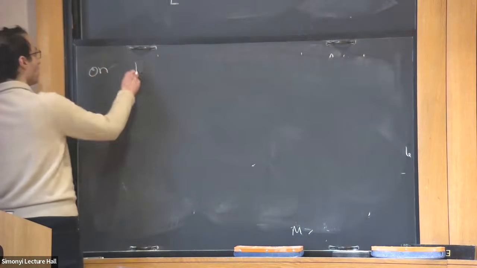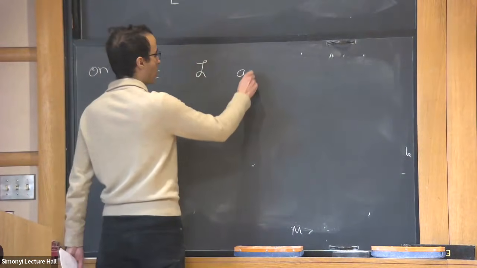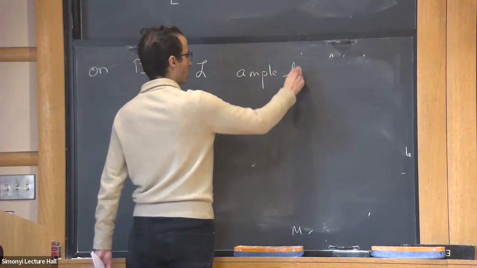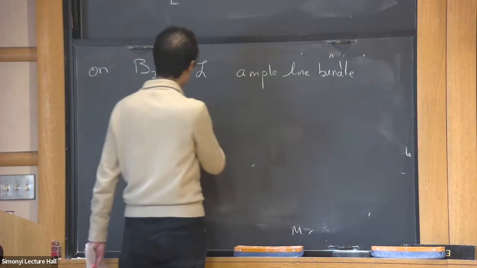So on BI, there's a natural ample line bundle, which you can construct in two ways.